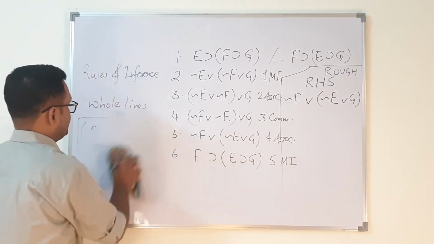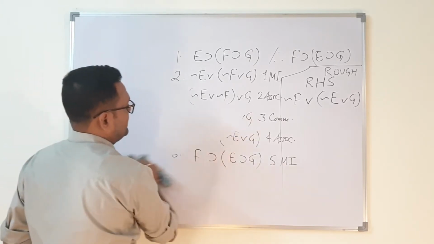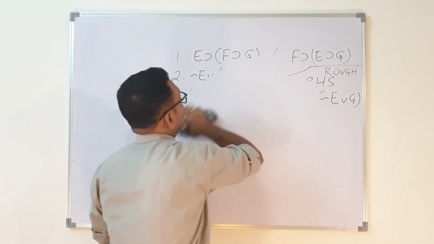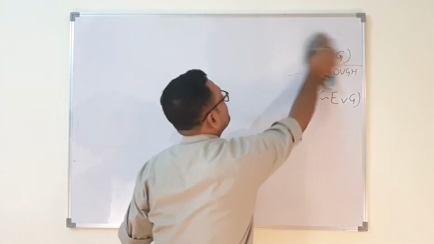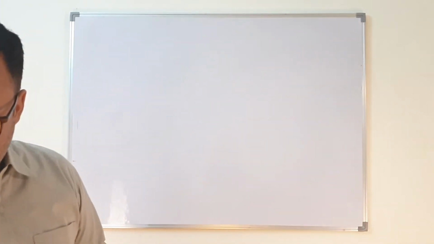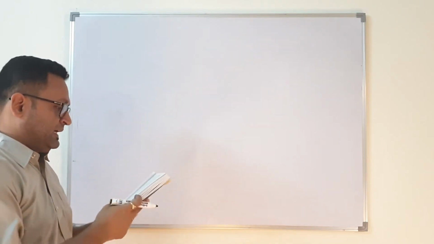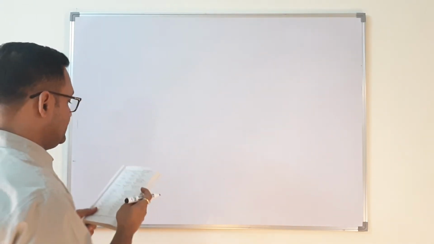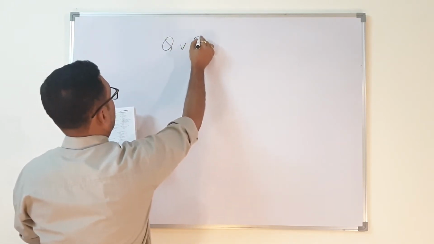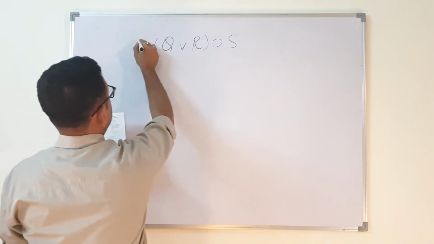Anyways, let us do the next question, because we will be doing two or three more questions in this lecture, so that we have a basic idea of how to solve these questions. Let us take another question: Q wedge R implies S. This is the first line.